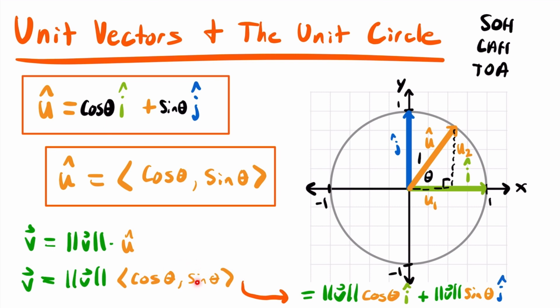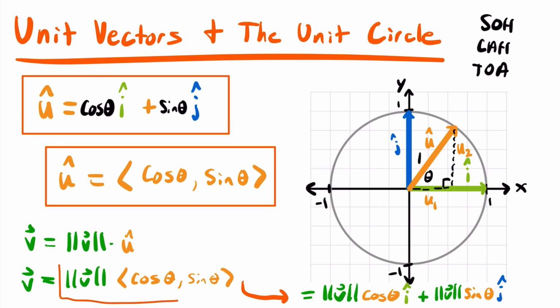Right, we could rewrite this vector to be a linear combination of standard unit vectors and then distribute that magnitude of vector v to both of those terms. So we have the magnitude times cosine theta times vector i plus the magnitude times sine theta times vector j.